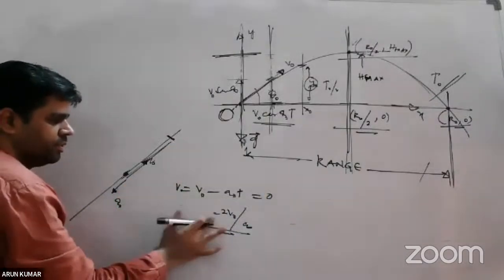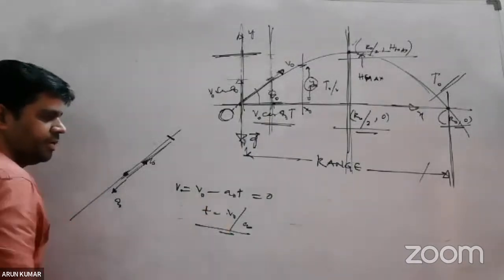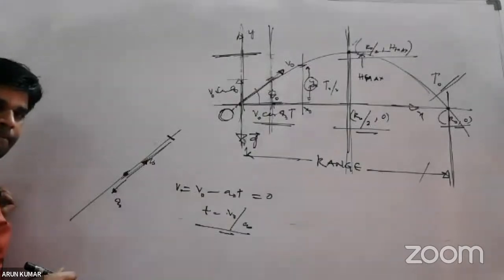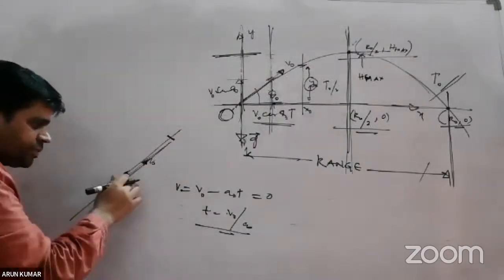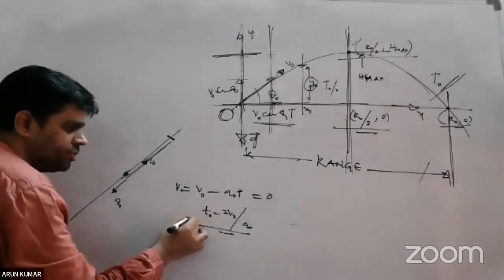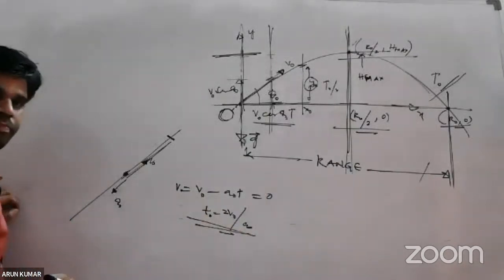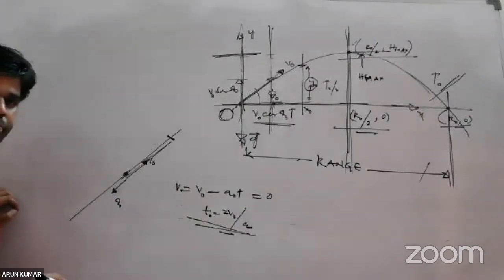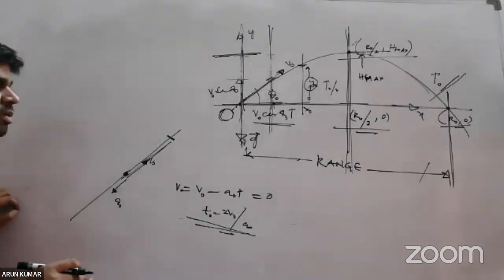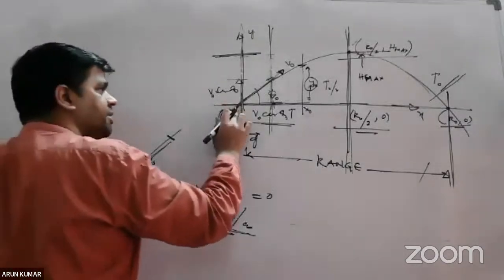I'll get T is equal to V0 by A. So V0 by A is the time after which it is stopping. మళ్ళీ సేమ్ టైం తీసుకుంటుంది మళ్ళీ ఈ పాయింట్కి రావడానికి. సో ఎంత టైం తీసుకుంటుంది T0 టైమ్ ఆఫ్ ఫ్లైట్ అంటే 2 V0 by A. Is it clear now? Yes, sir.